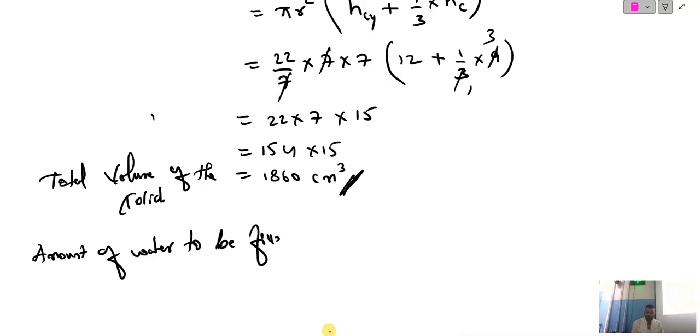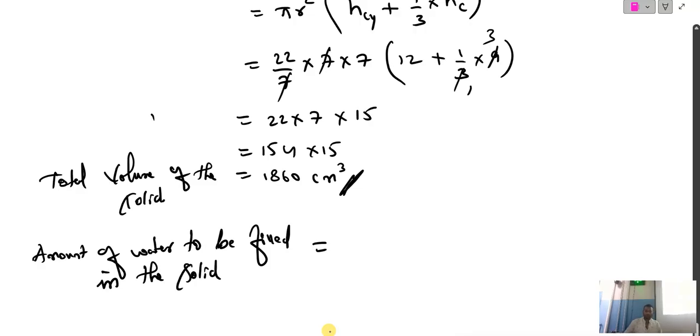Amount of water to be filled in the solid is equal to total volume, which is 1860. From this total volume we have to subtract how much water we have filled. How much water we have filled? 1694. The answer is 166 centimeter cube.